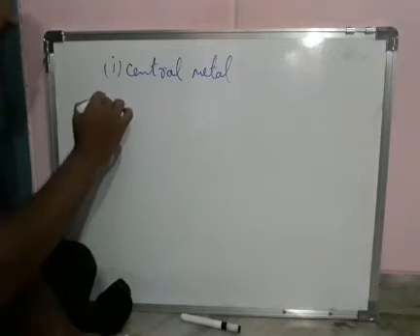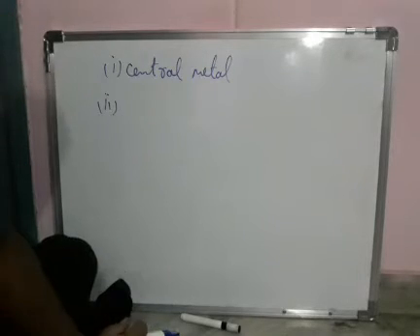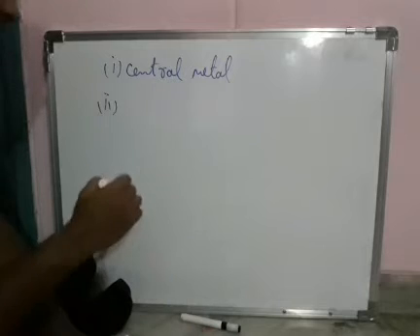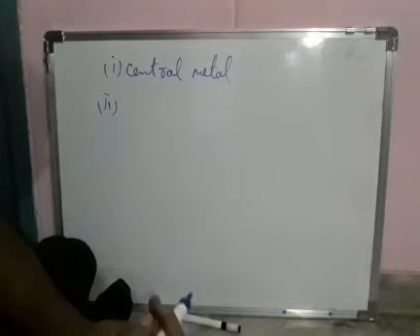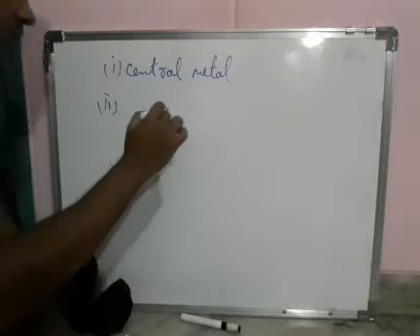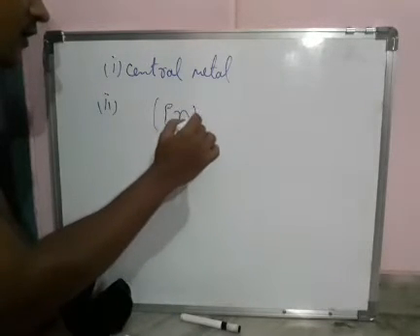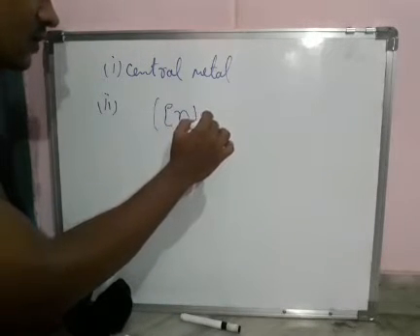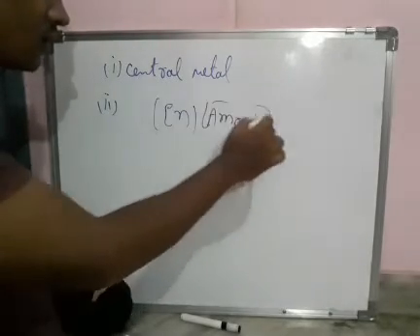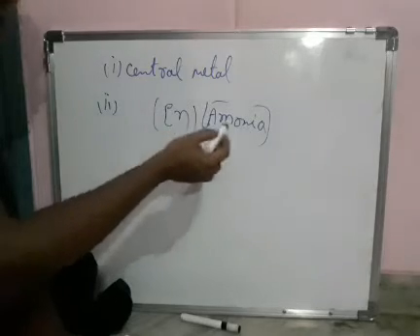The second point is that the ligands must be listed in alphabetical order. If two or more different types of ligands are there, then we have to pick them in alphabetical order. For example, if en and ammonia are present, this is ethylenediamine and ammonia.